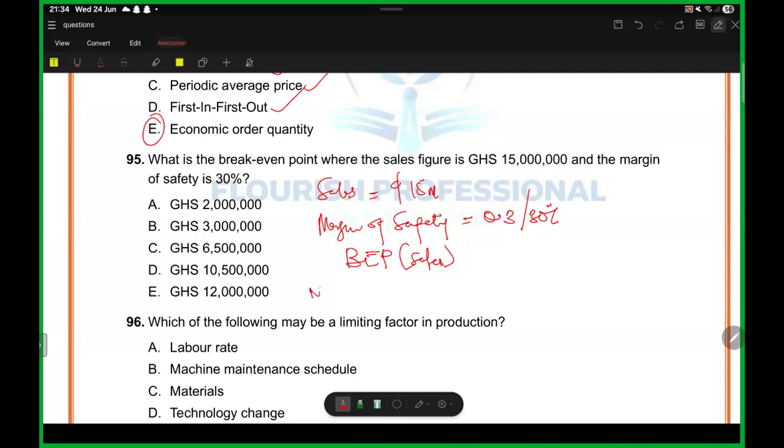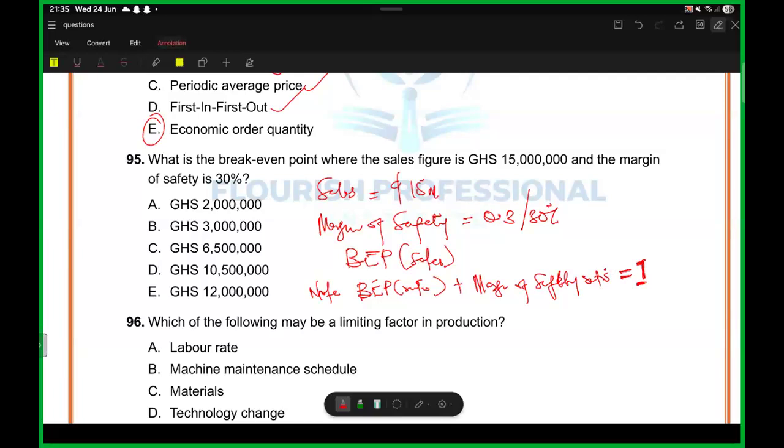Always note that the break-even point ratio plus the margin of safety ratio should always be equal to 1 or 100%.